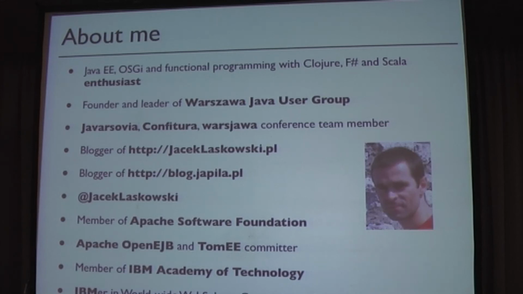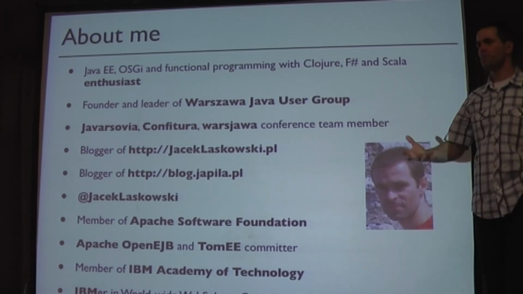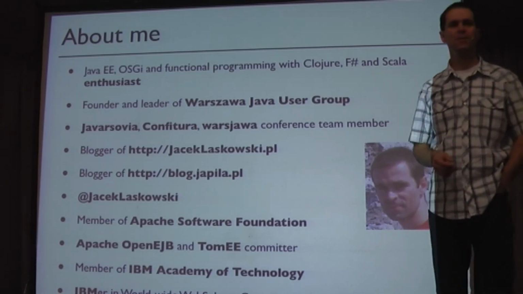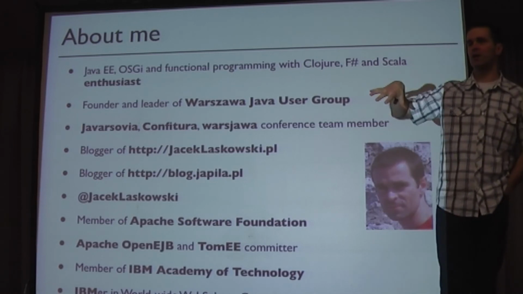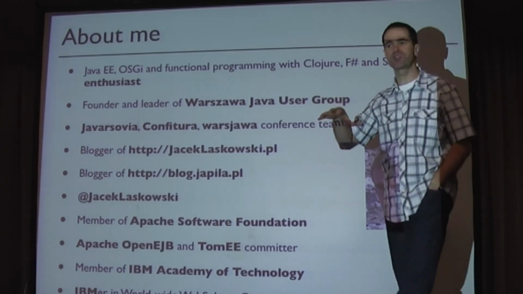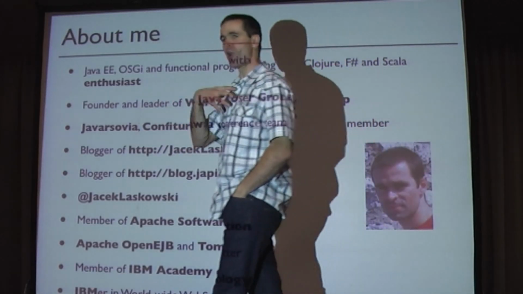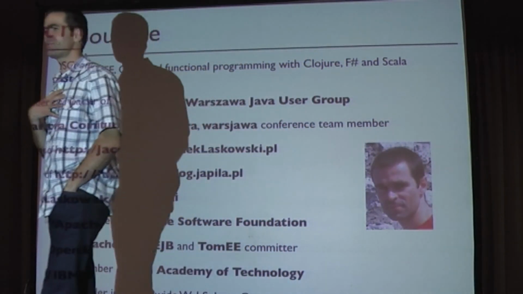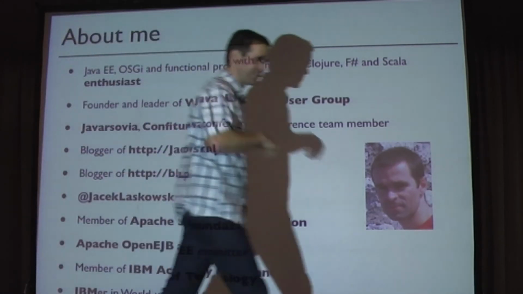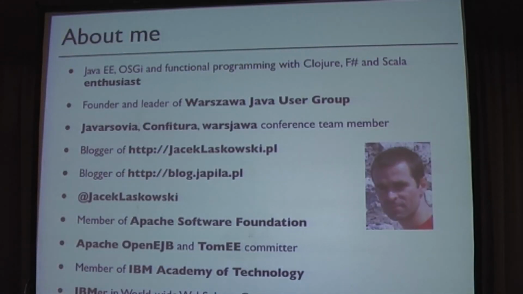Okay, I'm also an IBMer in the Worldwide Web Competitive Migration Team, which is the team to migrate. There are 15 people in this team to migrate customers from alternative application servers like Apache TomEE or Tomcat to our own web application server. But then, let's forget about this for a moment.